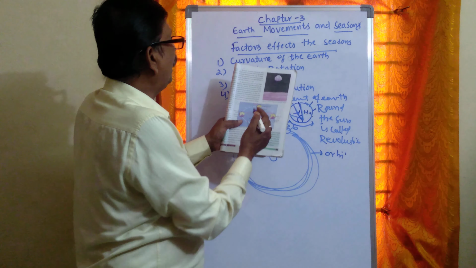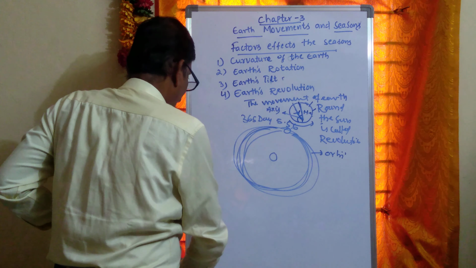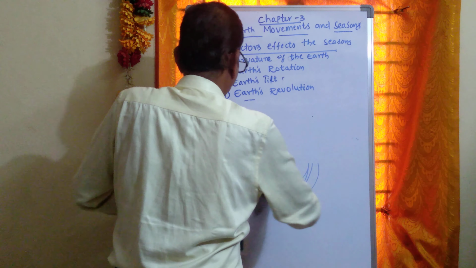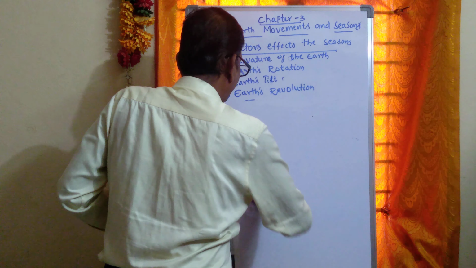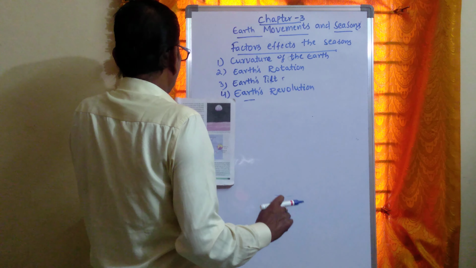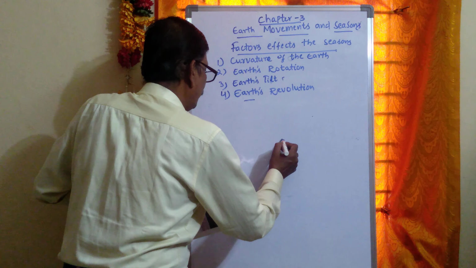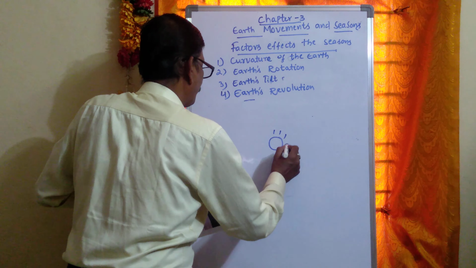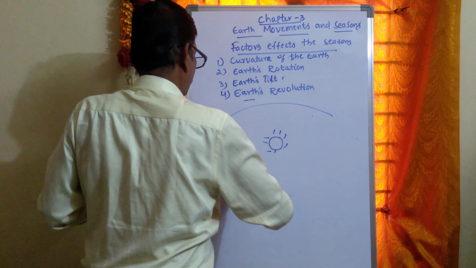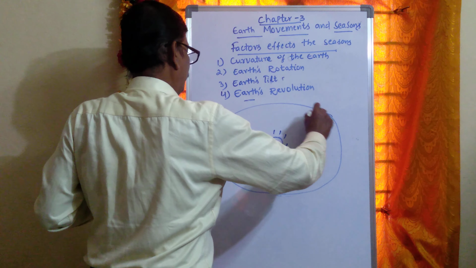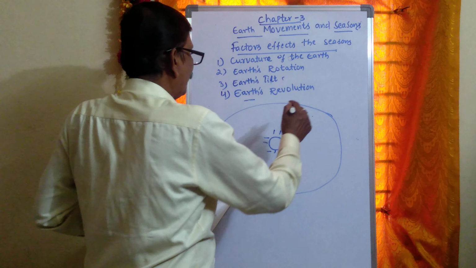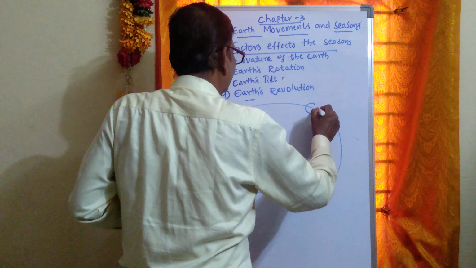In this picture, I will draw it. At different times, the position of the earth is different. This is the sun here. This is the orbit of the earth. The earth is here.